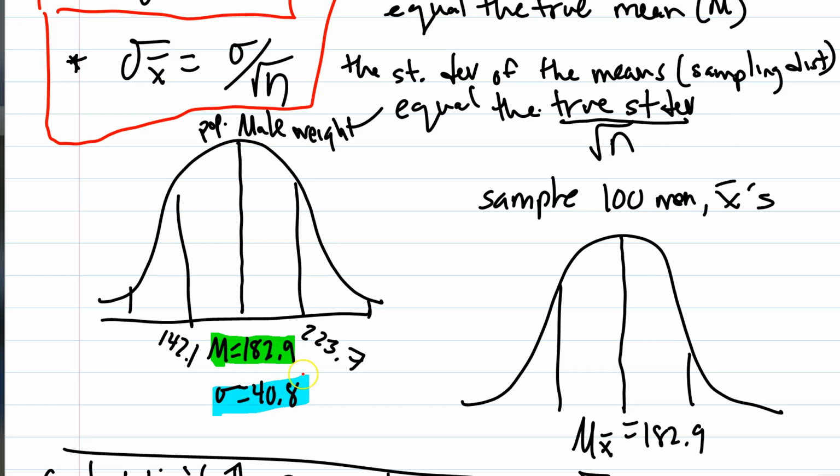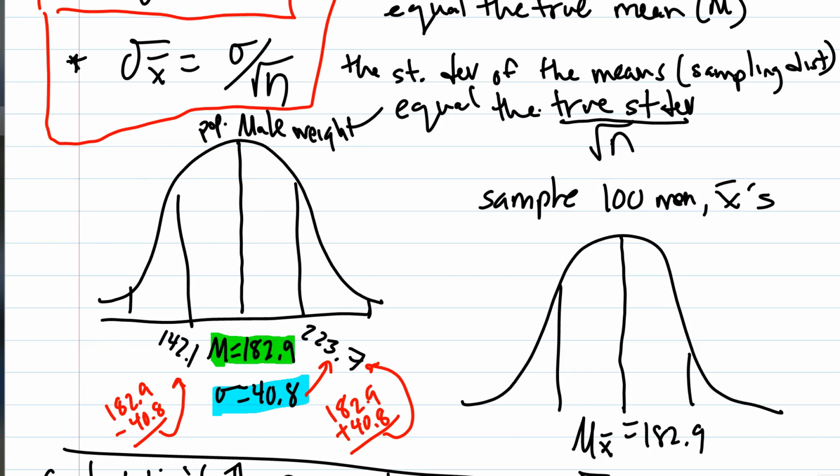If I were to go one standard deviation above, this would be 182.9 plus the standard deviation of 40.8, which gives us 223.7. And if I went one standard deviation down, this would be 182.9 minus 40.8 to give us 142.1. So this would be one standard deviation above, one standard deviation below. This would be the population distribution right here.